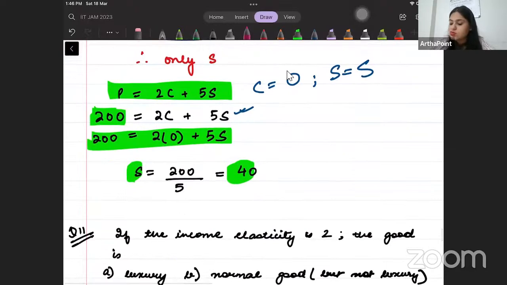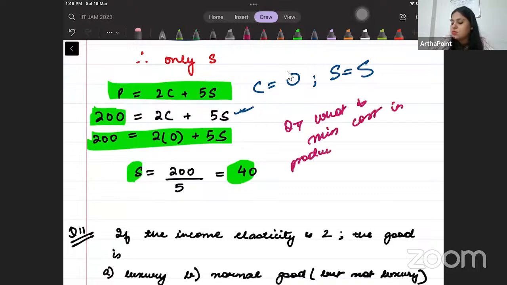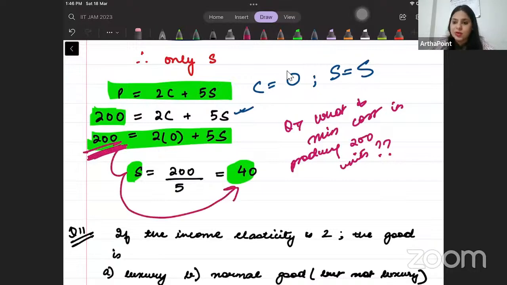Suppose they would have asked you, what is the minimum cost in producing 200 units? So I know that if I have to produce 200 units, I have to use 40 soybean.